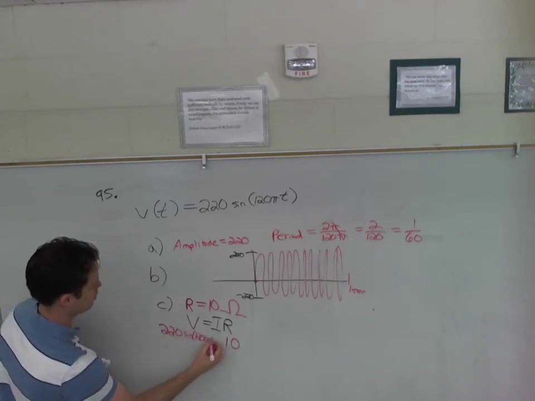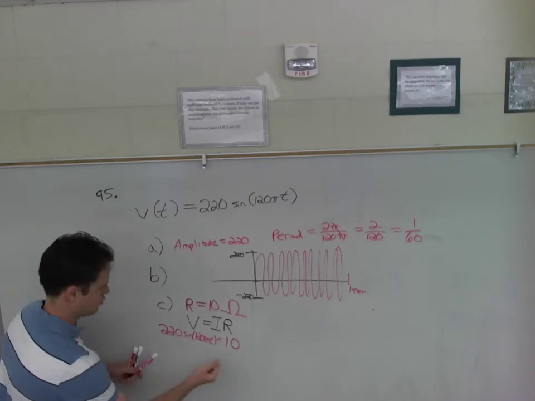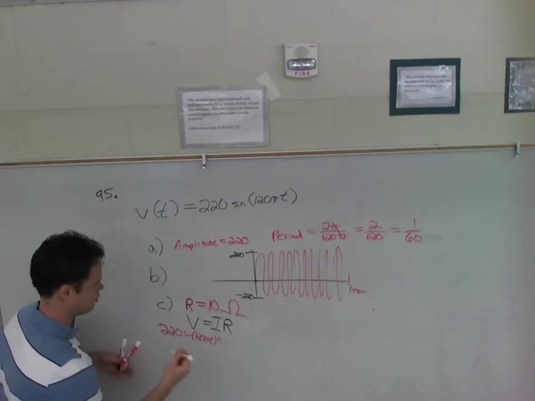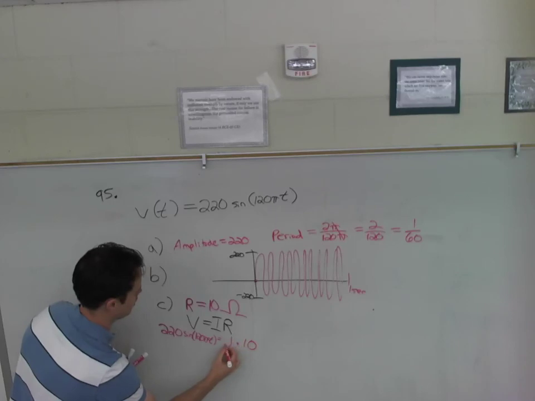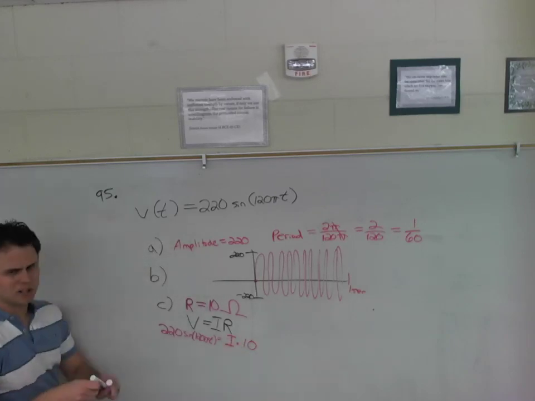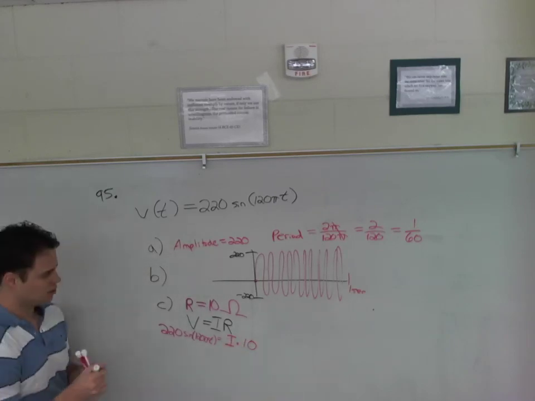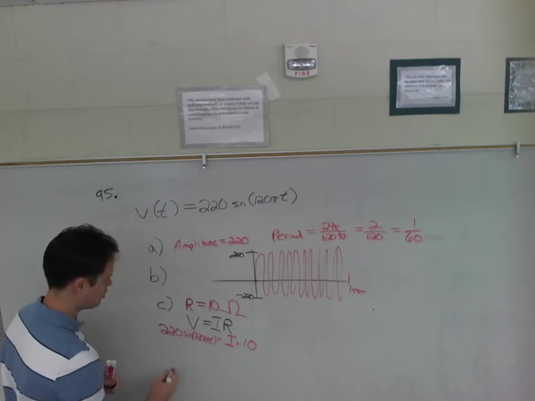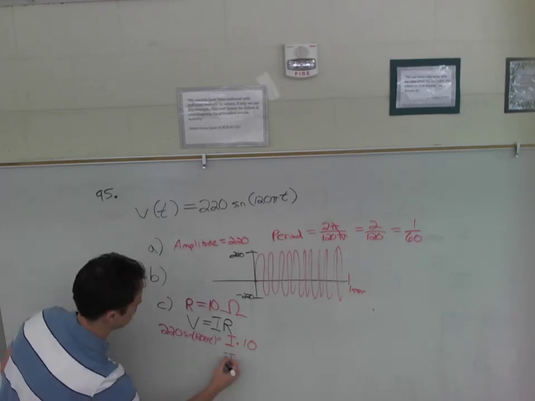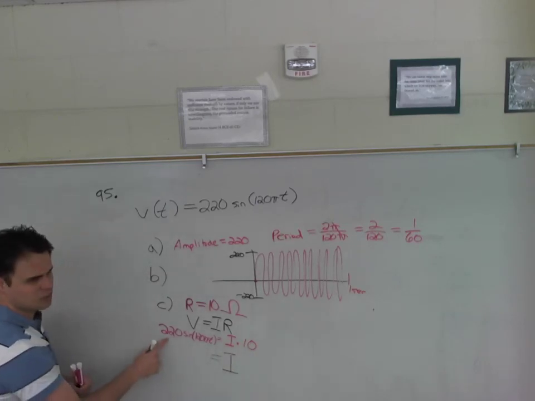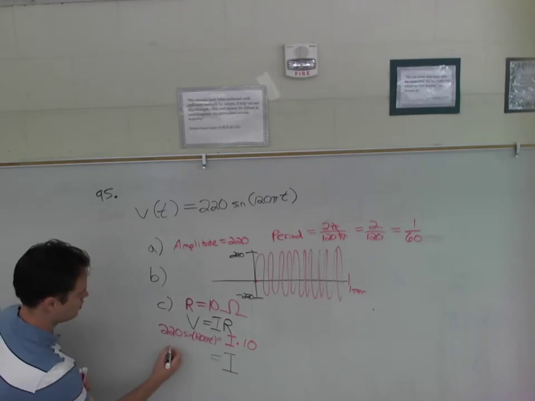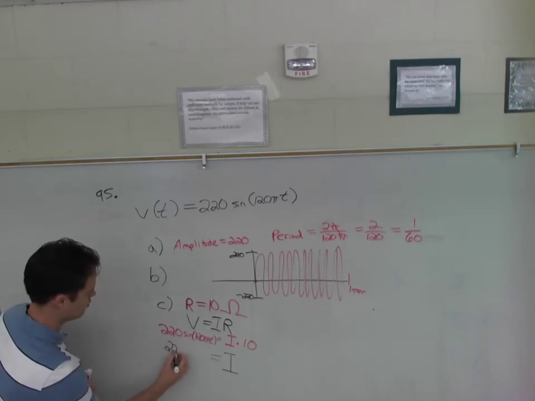We had R and we had I. So if I want I, how am I going to solve for I? Divide by 10. So if I divide by 10, what's I going to be? 220 divided by 10 is 22.